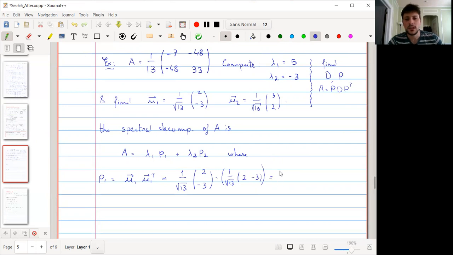So the end result is 1/13 times a 2 by 2 matrix. First row, first column, we get 2 times 2, that's a 4. First row, second column is 2 times -3, that's -6.